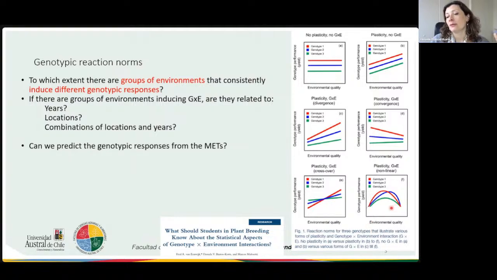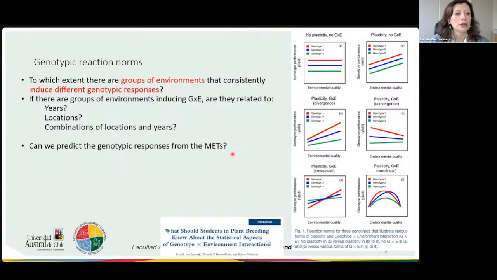Or we could be in a more complicated situation, and I will dedicate a large part of my talk to describing techniques for this more complex situation, in which responses are non-linear. Then we really have a challenge, because it's very hard to understand for which set of conditions I would prefer one genotype or the other.